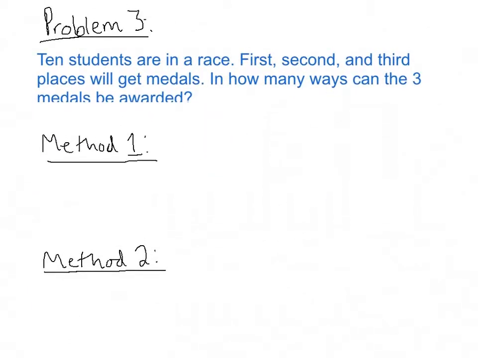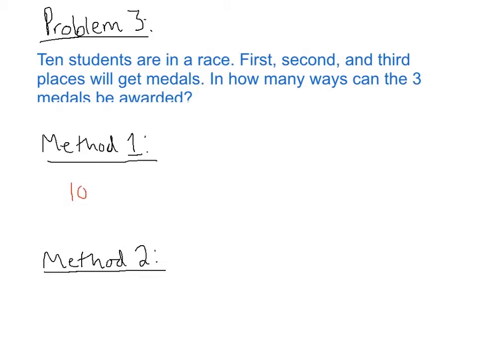So for our problem 3, it says that 10 students are in a race. First, second, and third places will get medals. In how many ways can the medals be awarded? Well, if we have 3 medals, how many runners could you give the first place medal? If you're starting off, there's 10 runners, so that'd be 10.